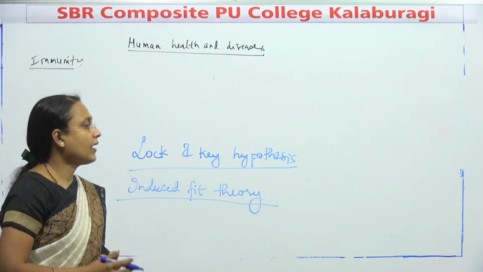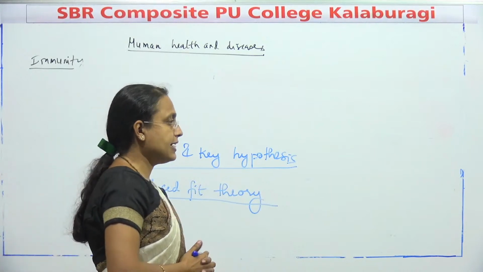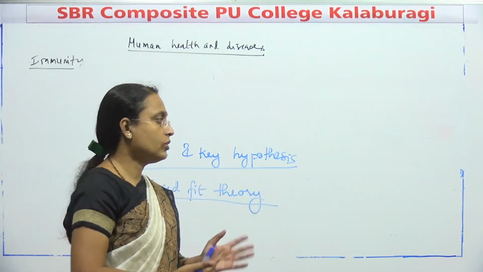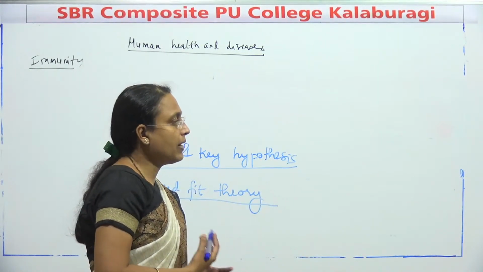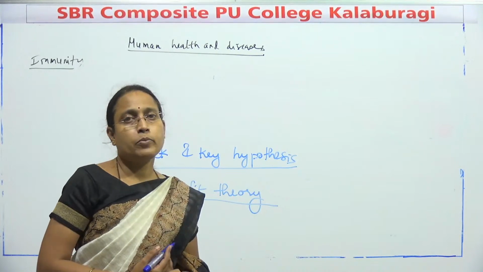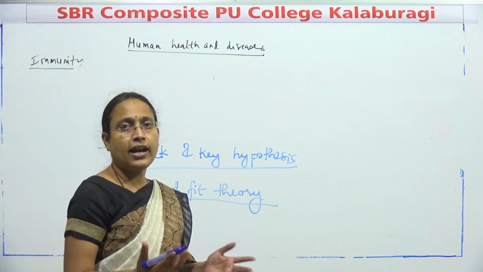Emil Fischer's lock and key hypothesis and Koshland's induced fit theory, these are the two theories. What does this theory explain? These two theories explain the interaction between antigen and antibody.